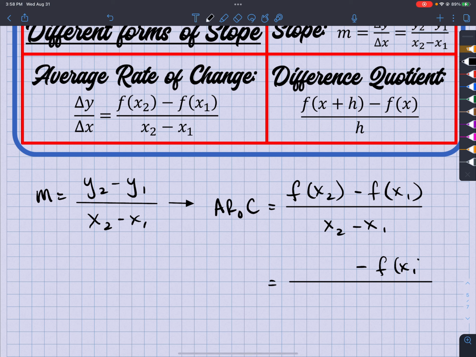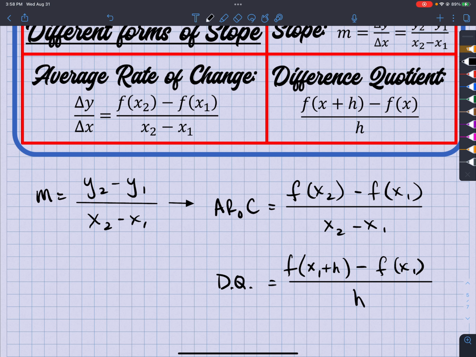So if I assume that this is x sub 1, then this x sub 2 could be x sub 1 plus some kind of h, right? And if I was to subtract these two, what would I have left? I will have h left. Well, what does that look like? That looks like the difference quotient, doesn't it?